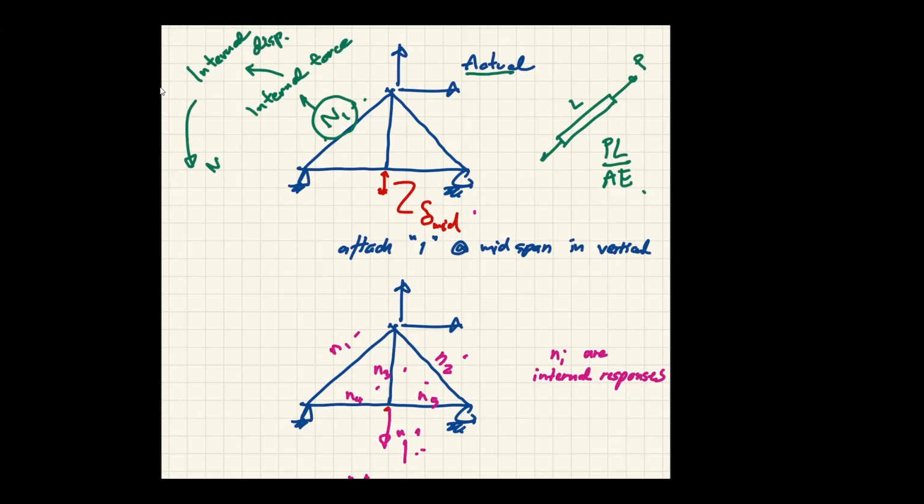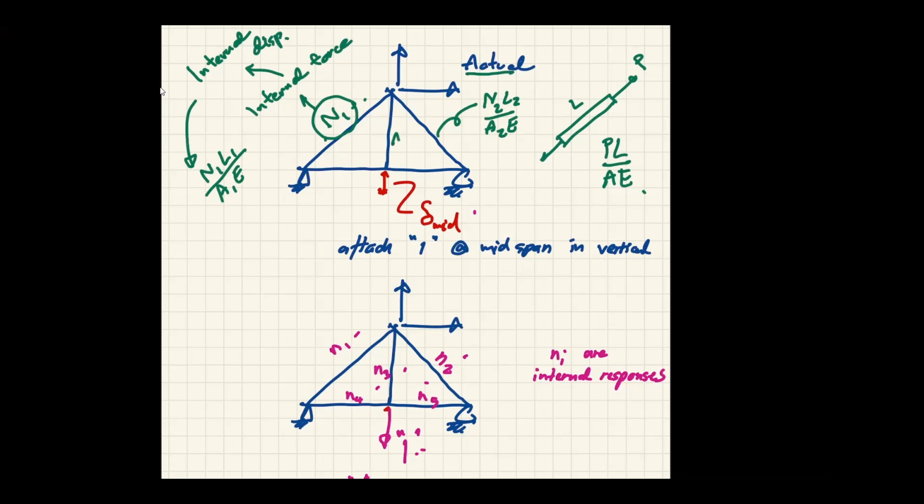You write that again. N1 L1 over A1, and then E. And you can proceed to obtain the same thing. This is going to be N2 L2 over A2, and then E. I write one E because nobody's going to be too crazy to construct a truss with many materials, okay?